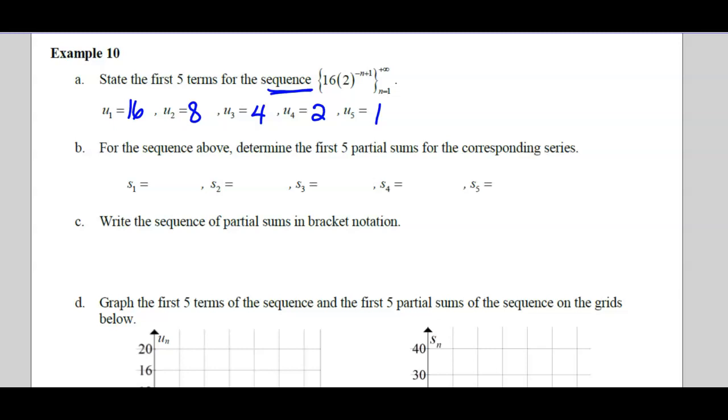Okay, so the first 5 partial sums. So remember, these are equal. S2 is going to be the sum of these two terms, so it's 24. And then the sum of the 3 terms, or you can go S2 plus U3. And then next one is S3 plus U4. And then 30 plus 1 is 31.